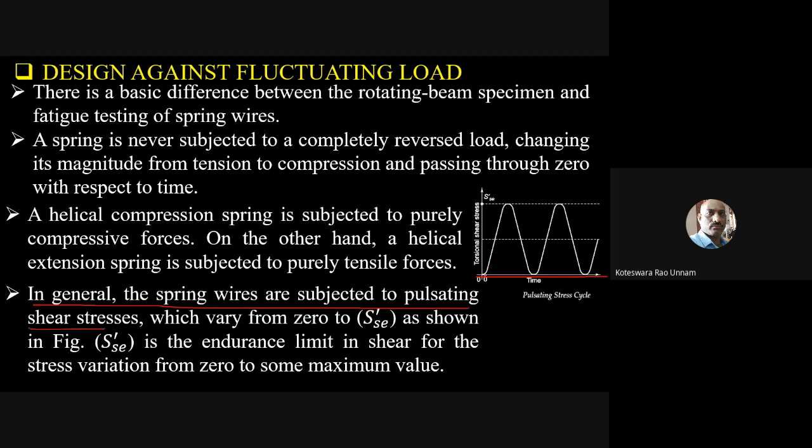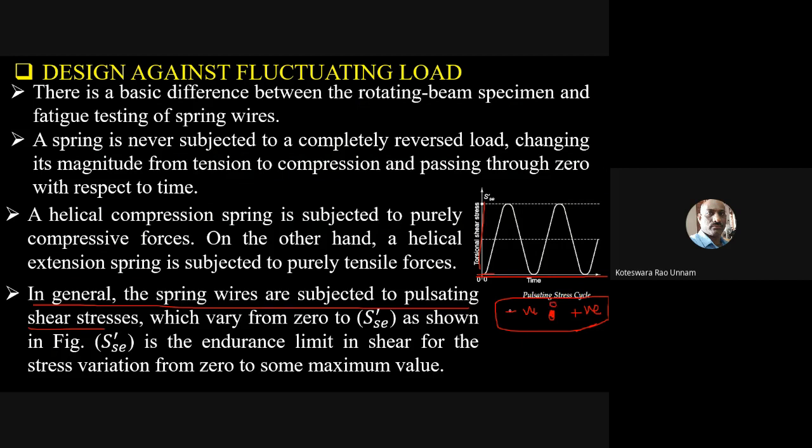We already discussed this kind of load also; we'll call it a pulsating load. That means when a load is changing between 0 and a maximum value. If the load is changing from a negative value to a positive value, then we'll call it a reversible load. In between, of course, it has to pass through zero value also.